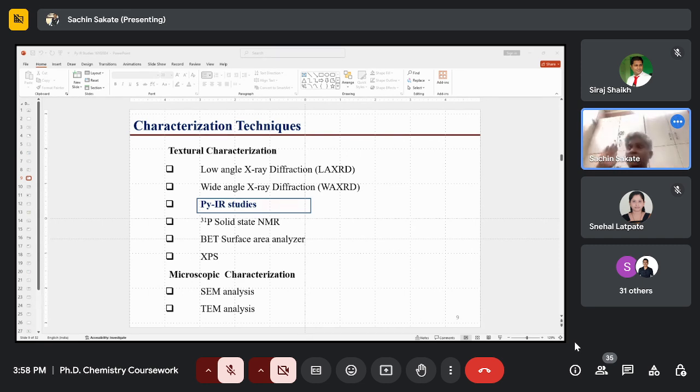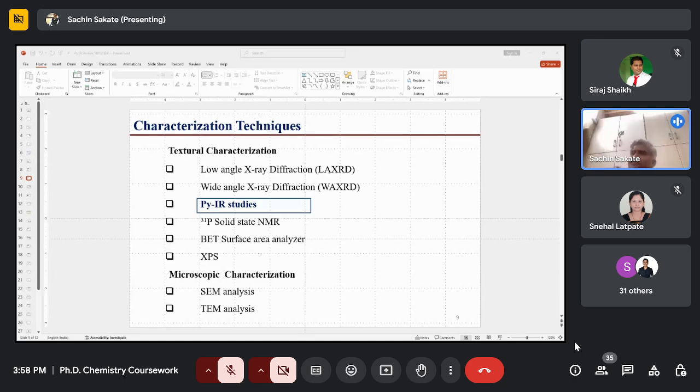You have to calculate carefully the active species site and support site, and your active species should be firmly placed inside the pores of the support. That calculation, that literature survey, you have to do already before starting the preparation of any support.